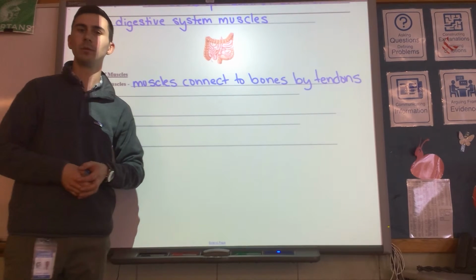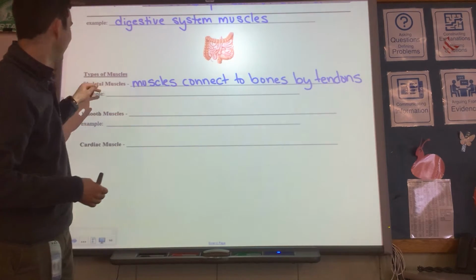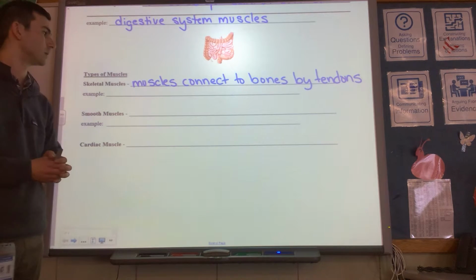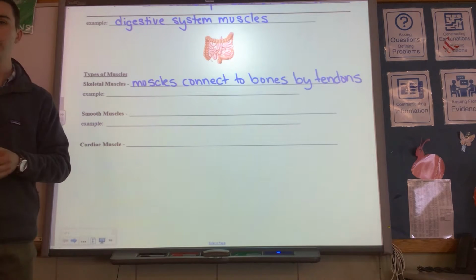So we've talked about tendons before in our skeletal unit. Tendons connect bone to muscles, okay? And then skeletal muscles are actually the muscles that are connected to those bones by those tendons. These are a type of voluntary muscles. We can move these muscles.